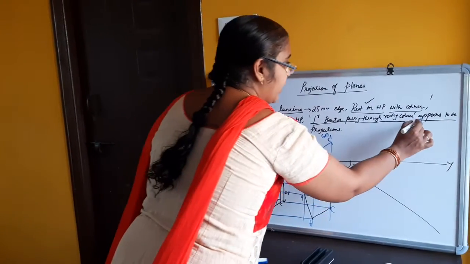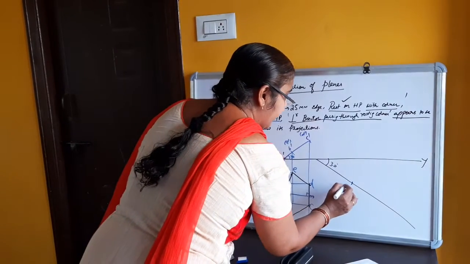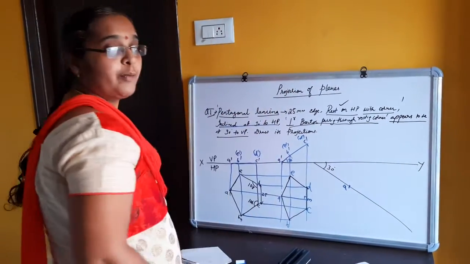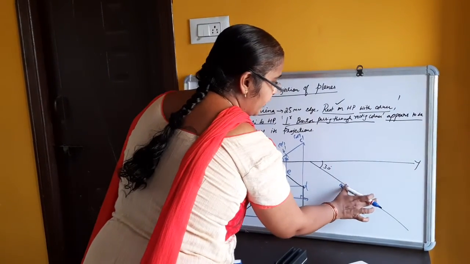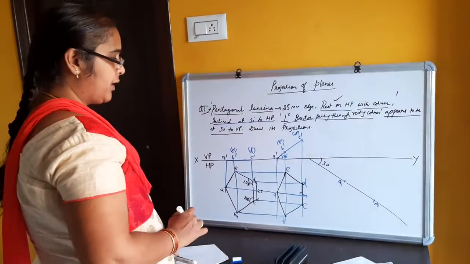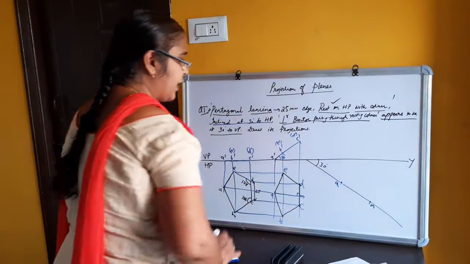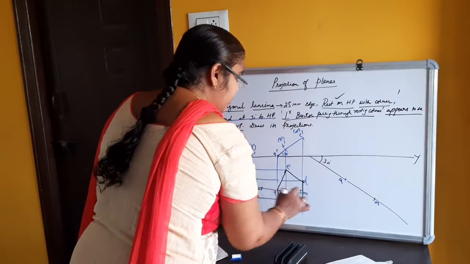Now here the apparent angle is given. I will shift this AM directly. Fix the point A, measure the distance from A to M and transfer it with an arc. Now how to transfer the remaining elements? You can see this AM is perpendicular to CD.